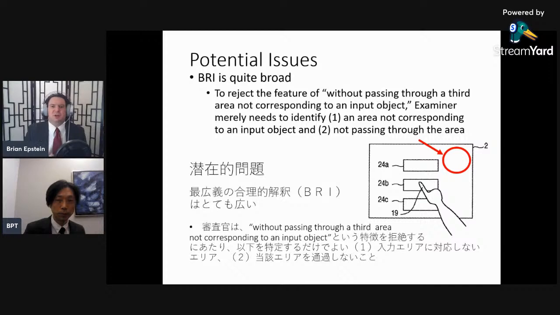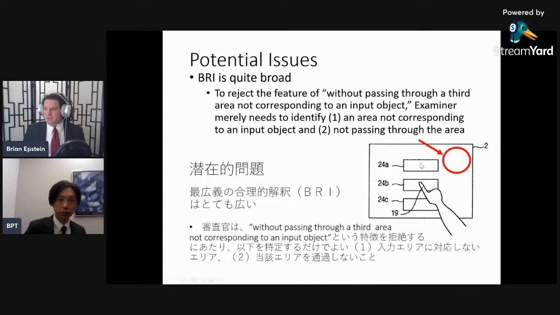So let's look at our example again. We've got this feature of without passing through a third area not corresponding to an input object, right? In this prior art, the way it was set up in the office action is that this is the first area, this is the second area, and we're trying to move between, in our application, these two adjacent areas, alpha and beta.